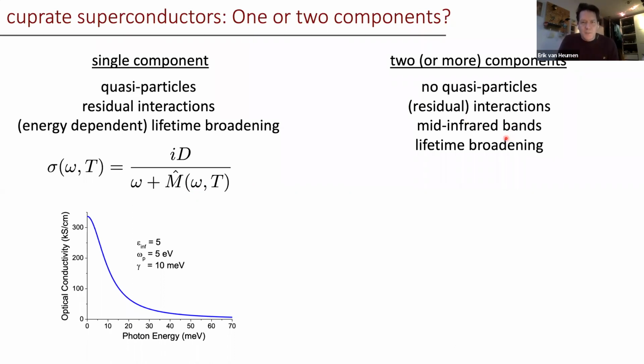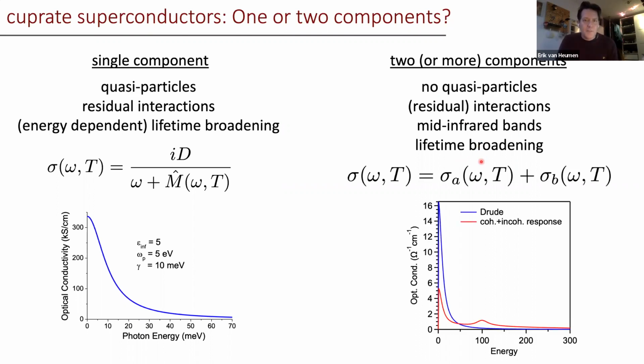And people observe mid-infrared bands and possibly also a little bit of lifetime broadening. Maybe a little bit similar to this, but typically not. And I think, as I'll show you in the rest of the talk, in this case, if you analyze it in a two-component picture, the lifetime becomes actually frequency independent.